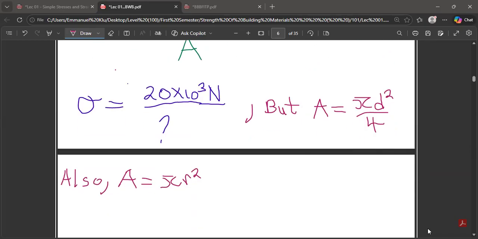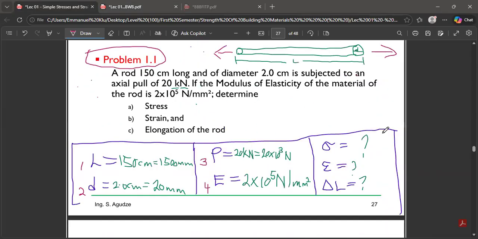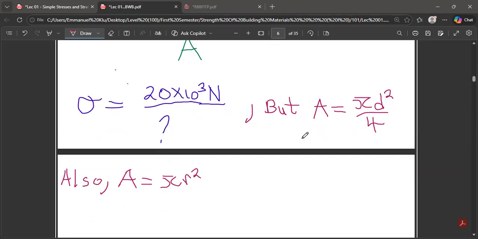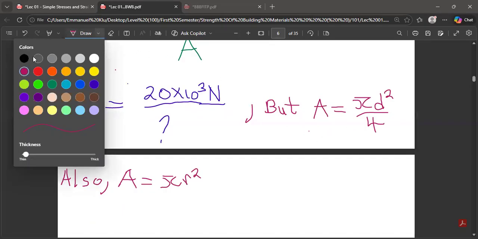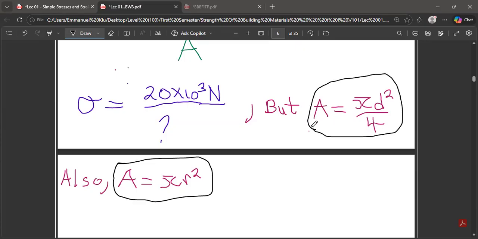Take note that the rod has a circular part. If you look at this rod over here, it has a circular part. So due to that circular part, to calculate the area, we have to use the diameter. That is why at the end of the day, we are coming out with these formulas. You can either use this or this to calculate your area. Yes, the area also has a different formula.